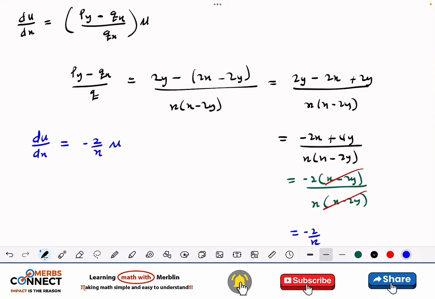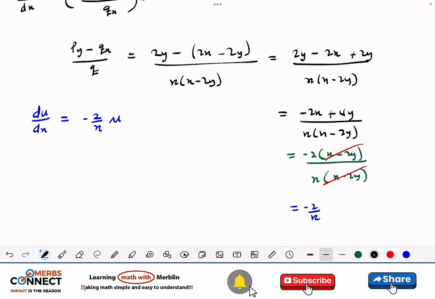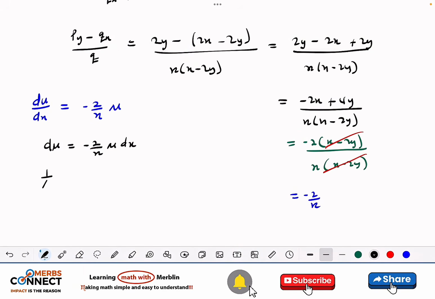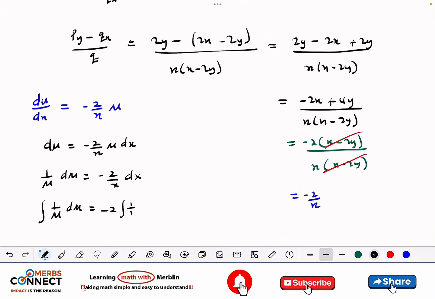I think the other one, the integrating factor, was also the same. So let's group like terms. The d mu is equal to minus 2 over x mu dx. Then we will divide through by mu, so 1 over mu d mu is equal to minus 2 over x. So this is minus 2 out, 1 over x dx.